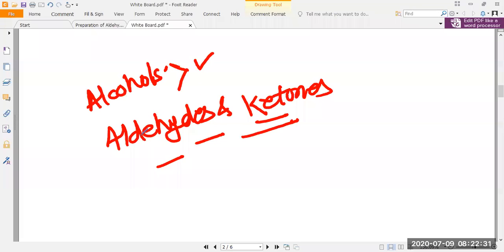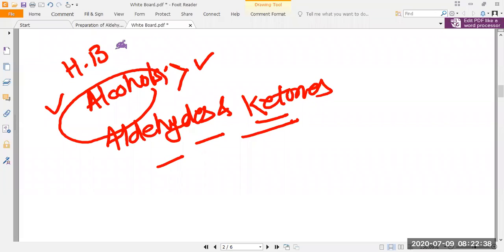The reason behind this is that in alcohol strong hydrogen bonding is present, whereas in aldehyde and ketones there is no hydrogen bonding, or only the lower members of aldehydes and ketones show hydrogen bonding, and the higher members do not show any type of hydrogen bonding. That's why the boiling point of alcohols is much higher as compared to aldehydes and ketones.